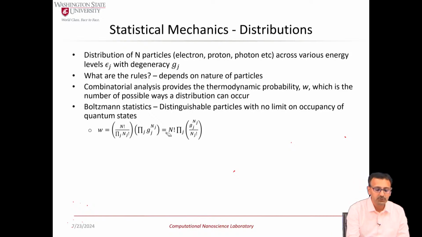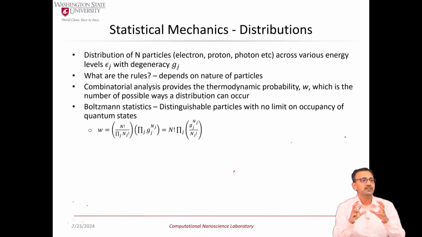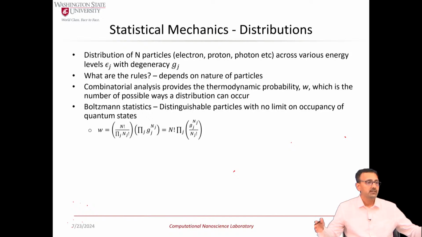So, this n factorial, I did not get to the math of it too much. This n factorial accounts for the distinguishability or not of those particles. So, one can prove and show that as we get to a certain set of densities, the quantity Gj over Nj becomes very large, or rather Nj over Gj, the number of quantum states that are available compared to the number of particles is large.